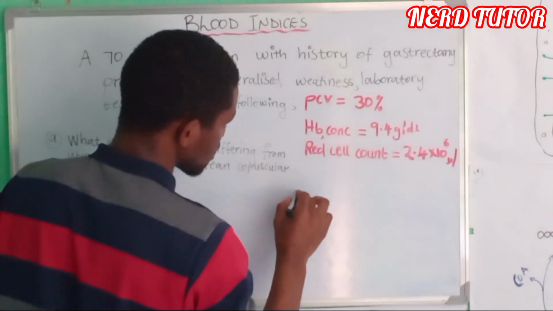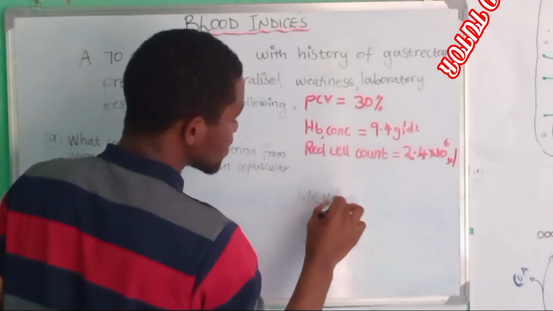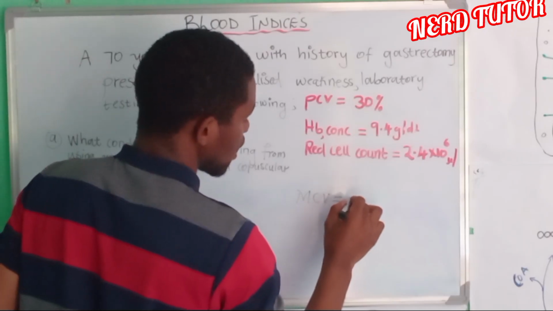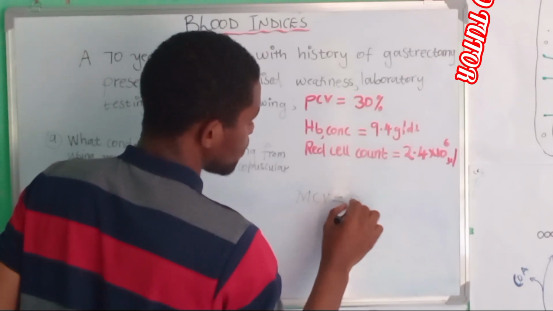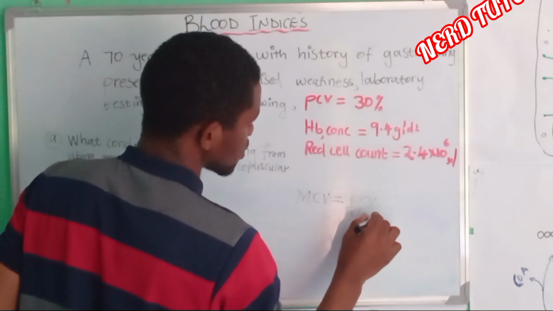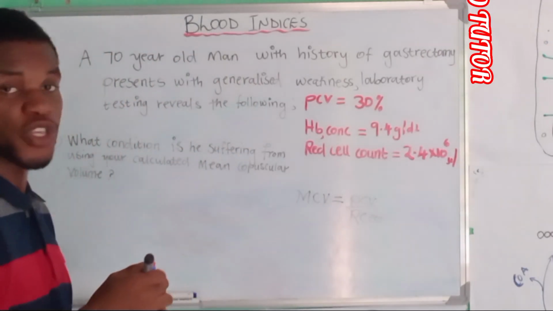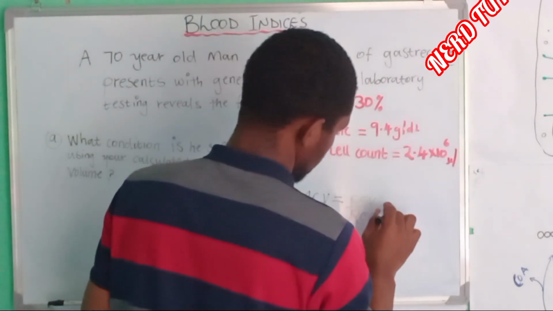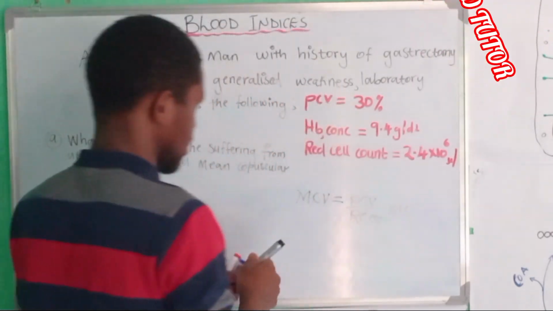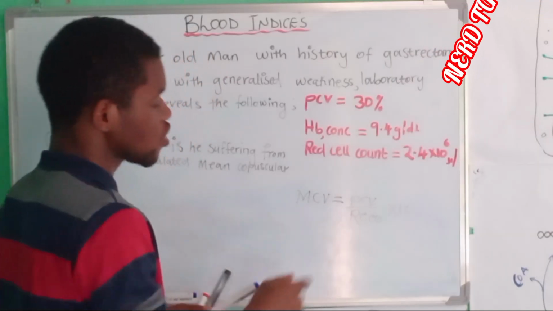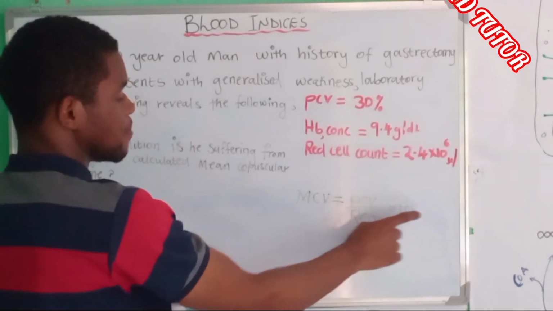Mean corpuscular volume is found by PCV over red cell count, and then we multiply by 10. This is the formula we use whenever we are finding mean corpuscular volume: PCV or hematocrit over red cell count, times 10.